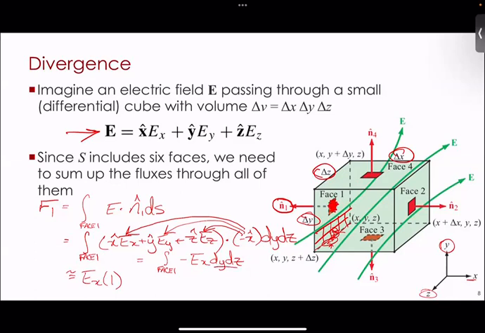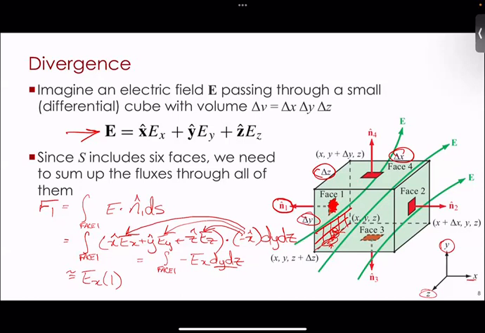And then what about dy dz? We've taken the Ex out, and now we've only got the integral of dy and dz. If you do the integral of dy, it would just be y. Then you plug in the limits of integration, the starting and ending points, and subtract them. You just end up with delta y.